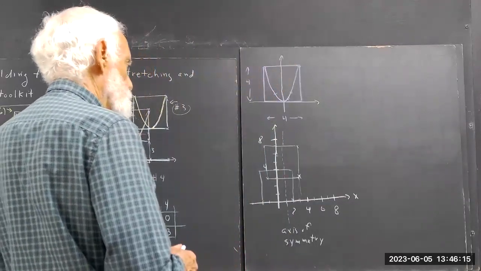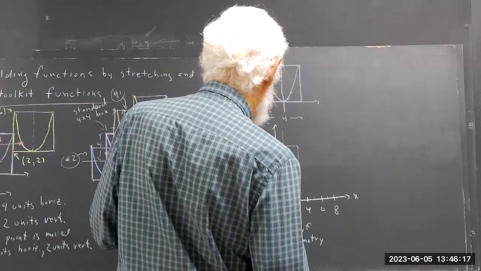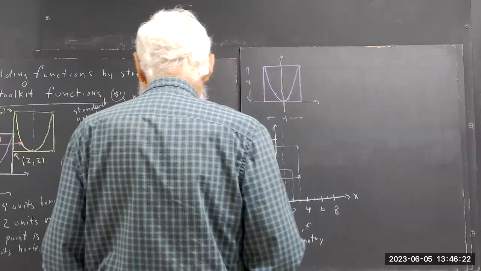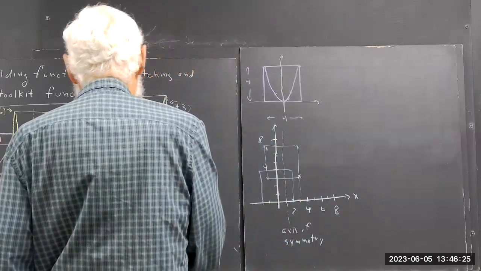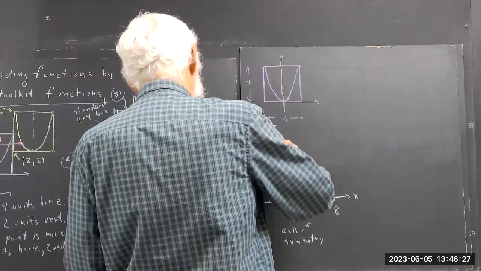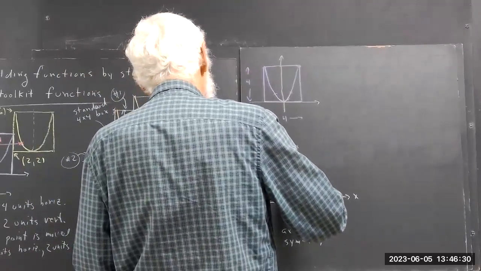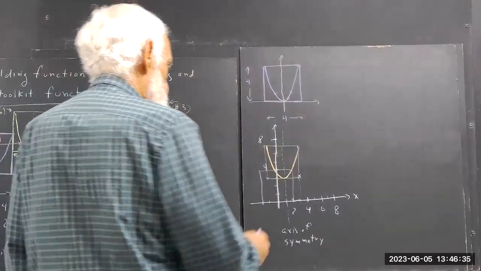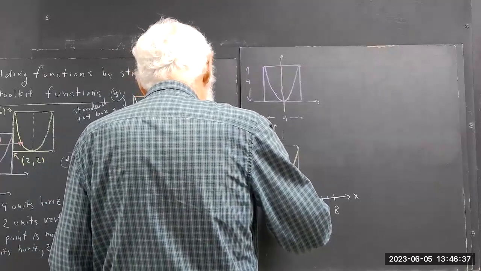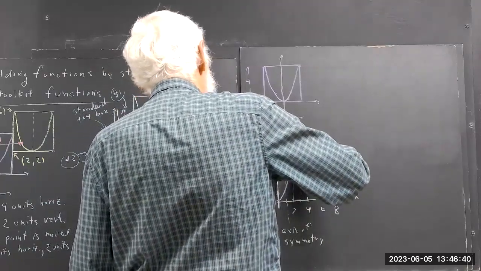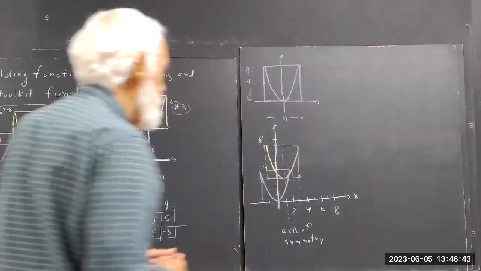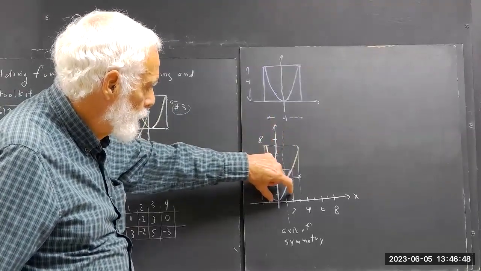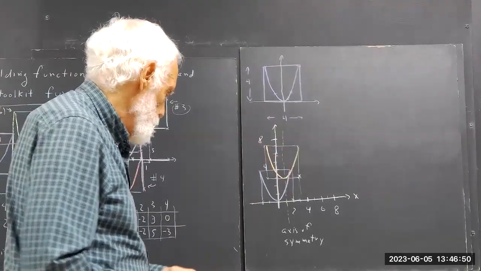Okay, so there's our axis of symmetry. If I draw my parabola, we'll go here, and the original parabola was here. We've got a pretty good copy of this parabola, but it's over 1 and up 3.